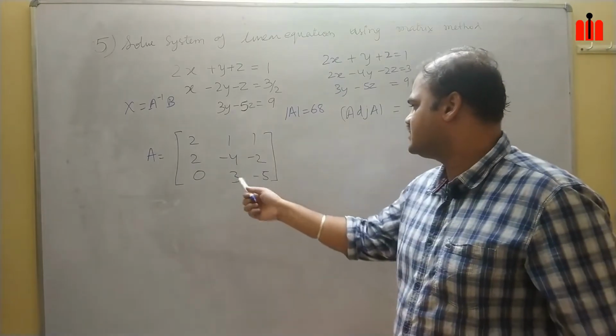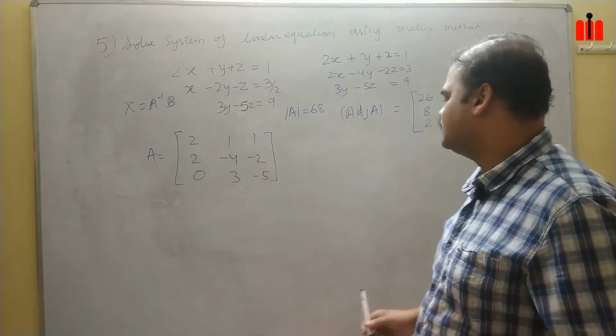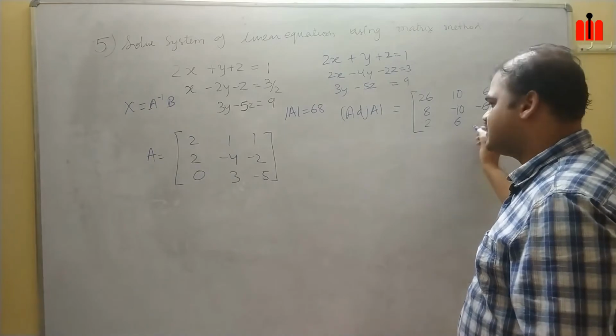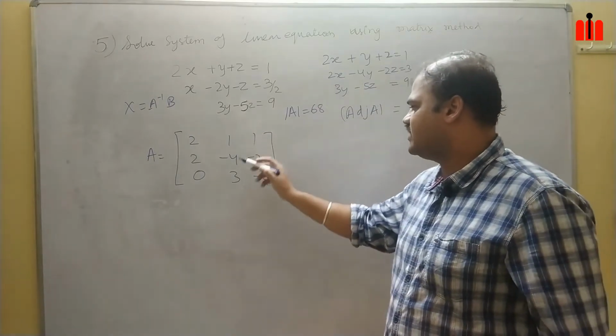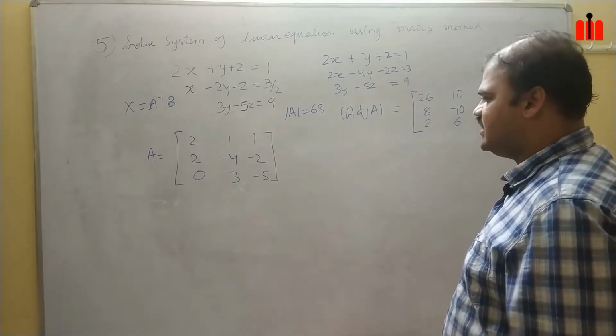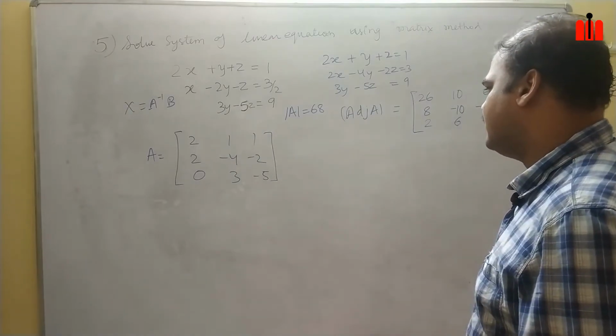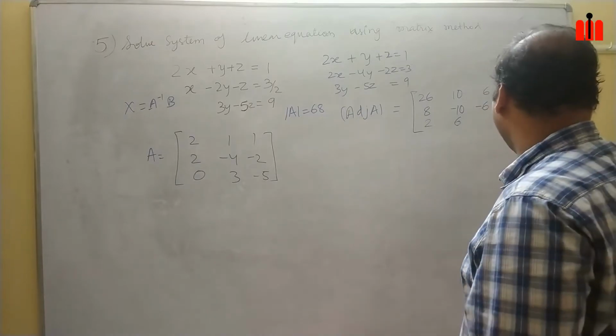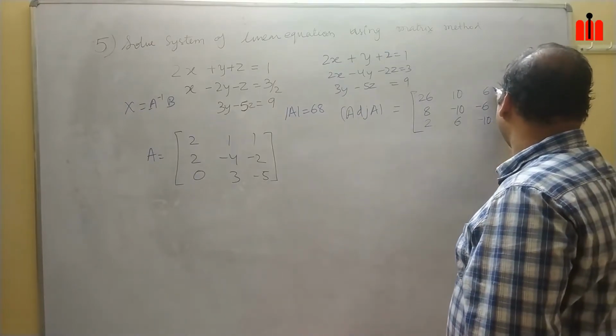Cofactor of 3 is minus 4 minus 2, which is minus 6, so it will become plus 6. And the cofactor of minus 5 is minus 8 minus 2, so it is minus 10.